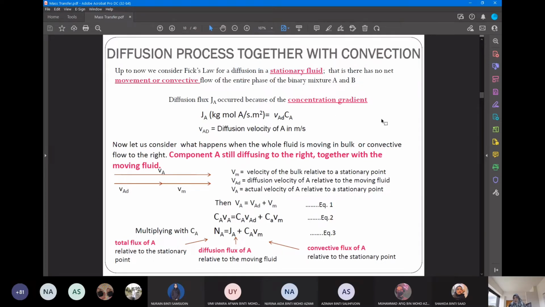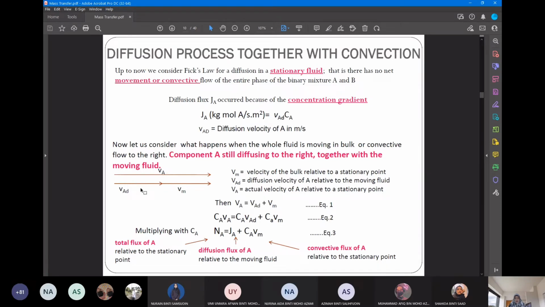There is no net movement or convective flow of the entire phase of binary mixture A and B. So when you are given diffusion with convection, just look at the arrows down here.